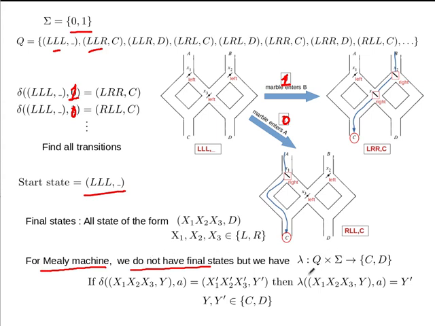If you remember, we had a function lambda for the Mealy machine which has this signature. You are in a current state somewhere, and you are seeing a current symbol, and you are making a transition depending on these two, and during this transition you are outputting either C or D, which is our output alphabet. Okay, so C, D, this is our output alphabet for the Mealy machine.